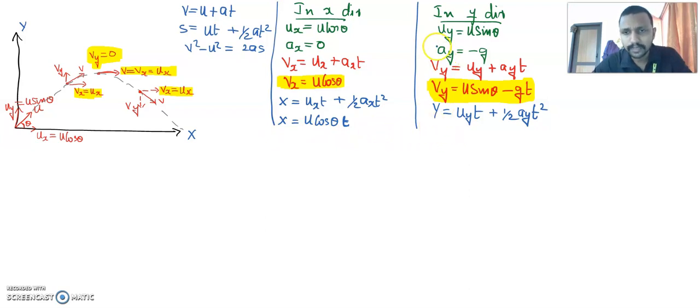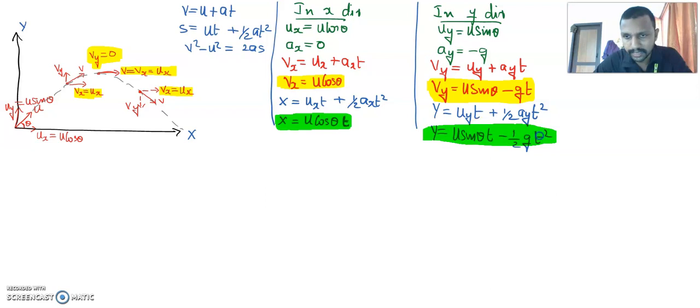Then we can substitute the value of uy and ay to obtain y. It will be y is equal to u sin theta t minus half g t square. Therefore now we have the x coordinate and y coordinate of the projectile at a time t.